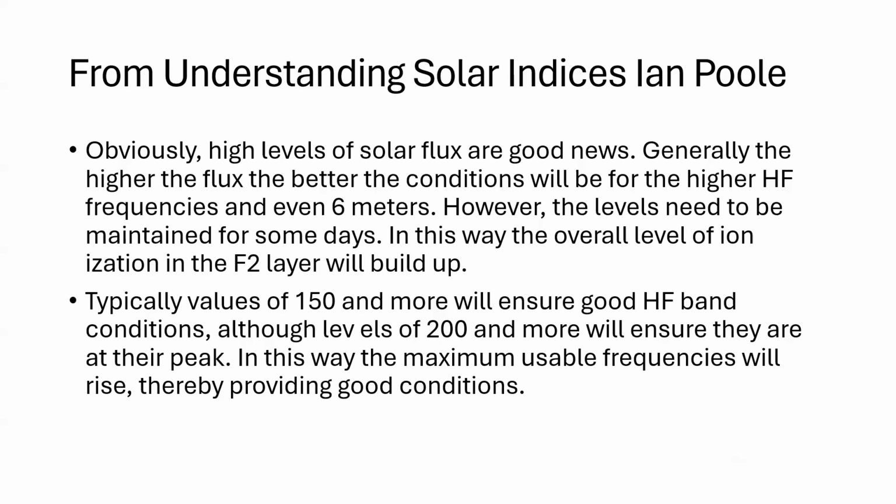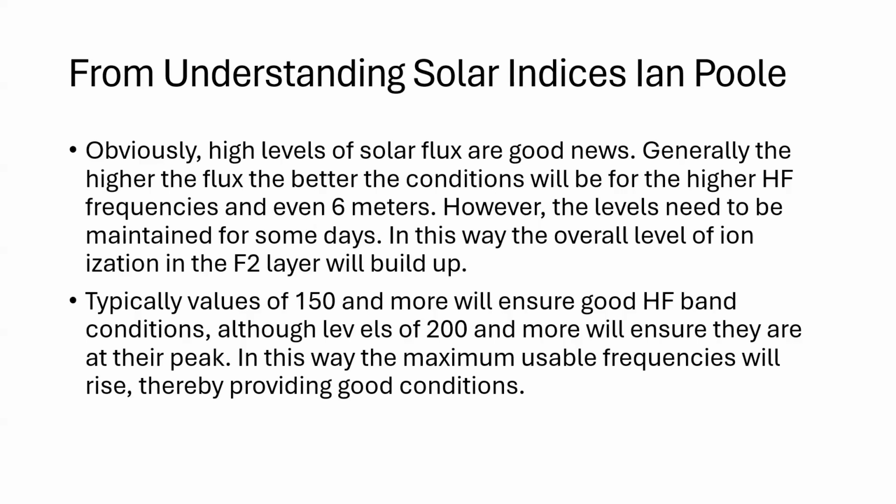However, the levels need to be maintained for some days. In this way, the overall level of ionization in the F2 layer will build up. And typically values of 150 and more will ensure good HF band conditions, although levels of 200 or more will ensure they are at their peak.